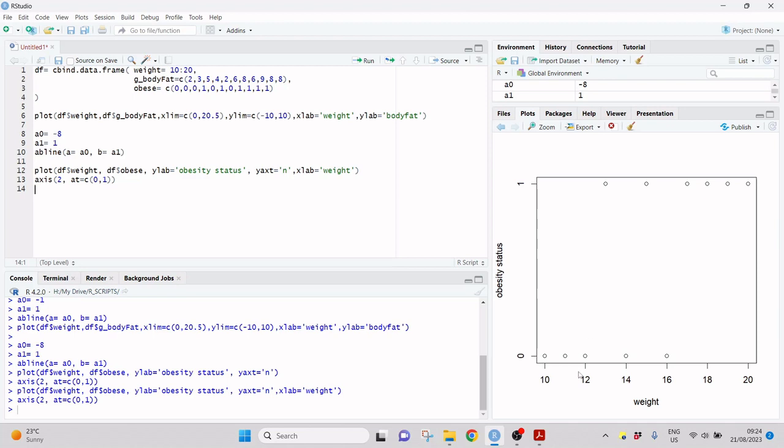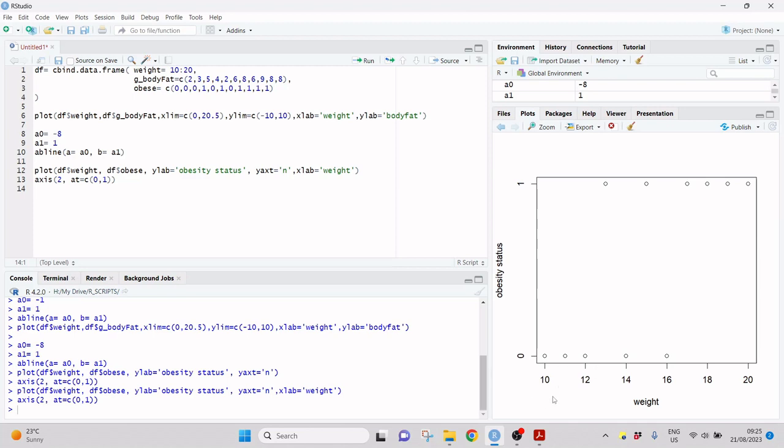And now, of course, you see that trying to fit a line as we did before in the simple linear regression doesn't make sense anymore. You can imagine going to very low weights, and especially to very high weights, and then this line would extend way beyond the allowed values.